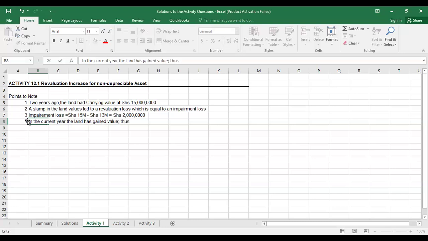Thus, a revaluation gain of shillings 20 million minus shillings 13 million, which is equal to 7 million shillings.